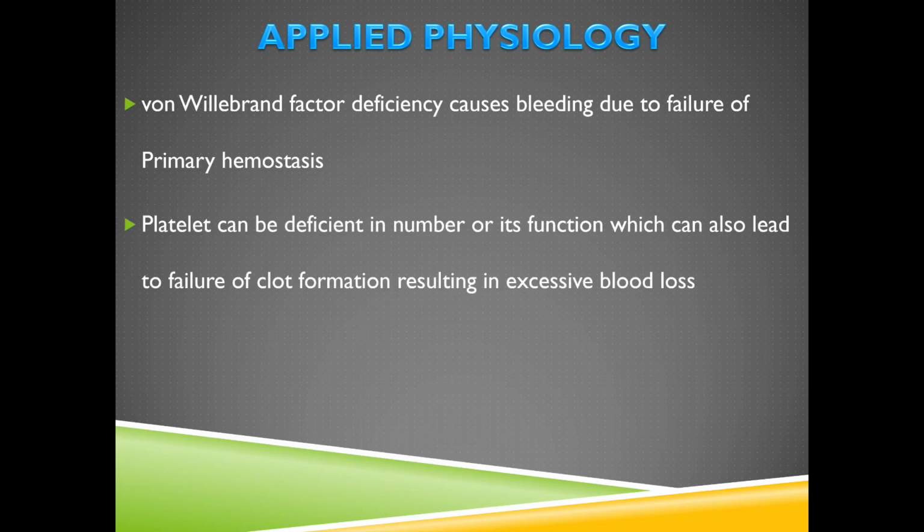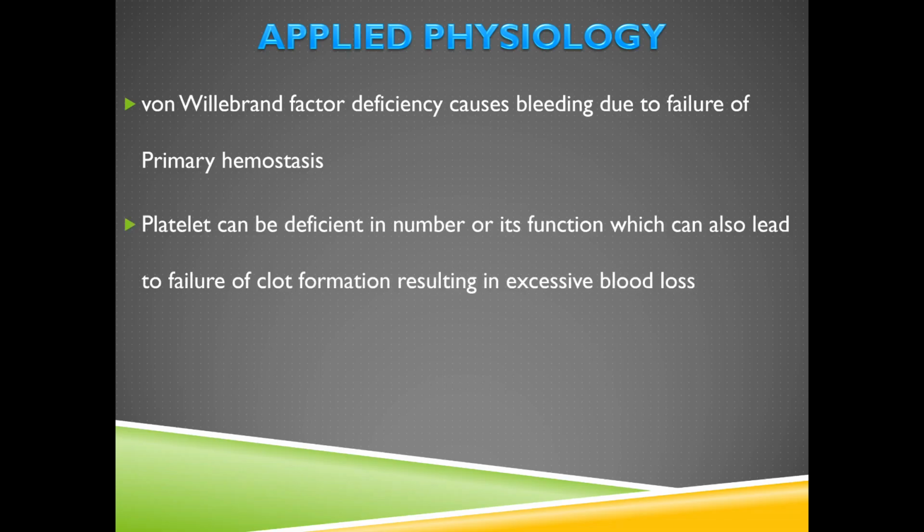Then platelets can be deficient in number or function, which can also lead to failure of clot formation, resulting in excessive blood loss. This is purely a platelet deficiency. For example, if you specifically block the action of platelets with antiplatelet agents like aspirin or clopidogrel, that can also lead to bleeding because platelets are not functioning normally.